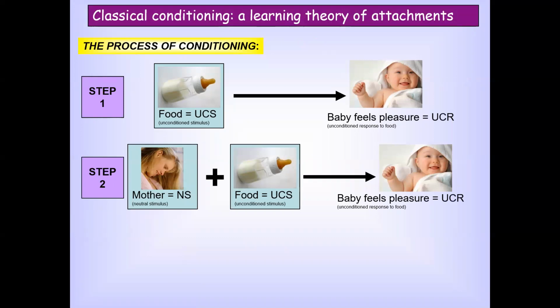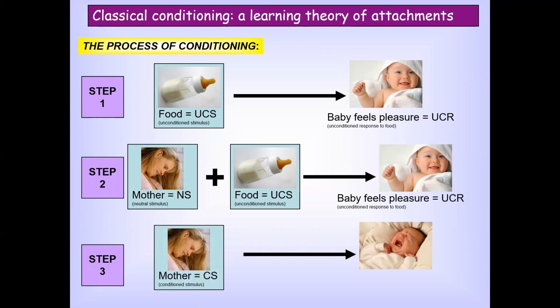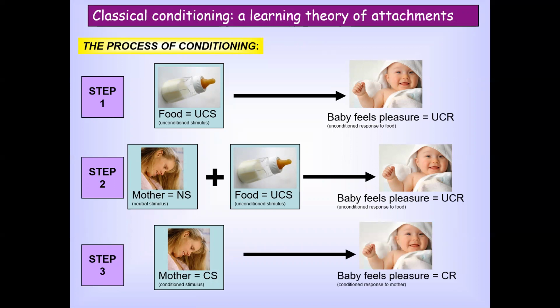The mother, you get my drift. So then over a bit of time, what happens? The mother comes to respond to the child's crying without the food, and the baby finds pleasure. So that means the mother has become a conditioned stimulus, which gives the conditioned response of pleasure. And this is the formation of attachment. This is where attachment is starting to form.